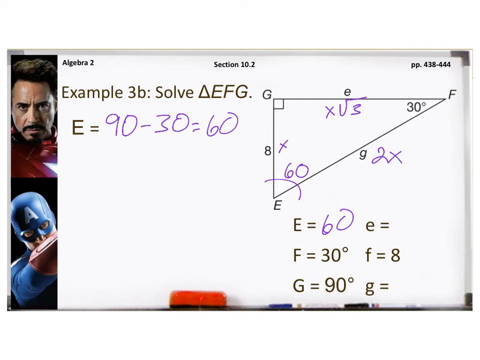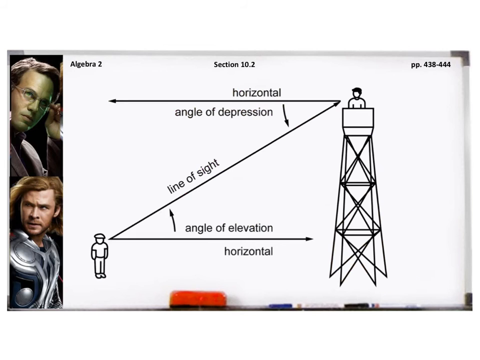So you need to have this memorized so you can get this out really fast. All right, so if I know that 8 is x, I know that E is 8 root 3 and G is 2 times 8, which is 16. Boom. Done. See how fast and easy that is? Knowing those side ratios is very important.